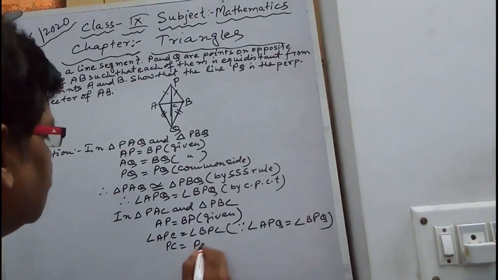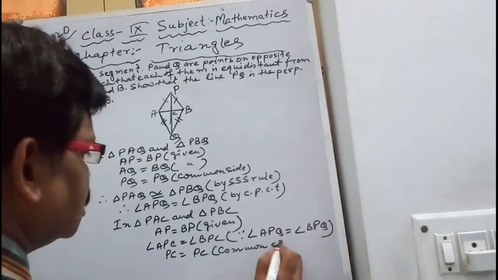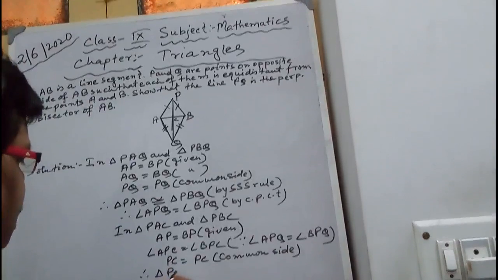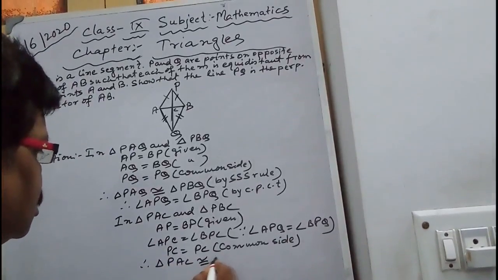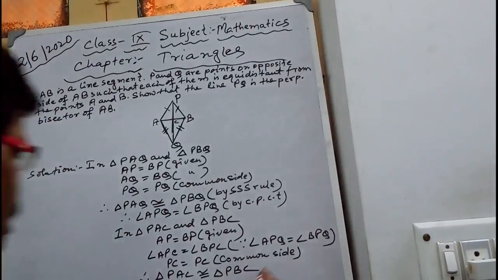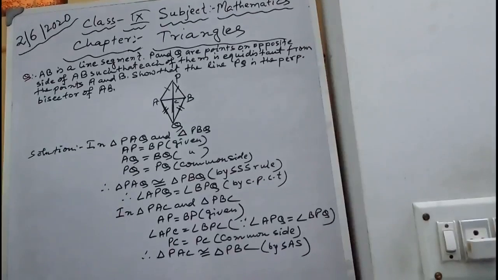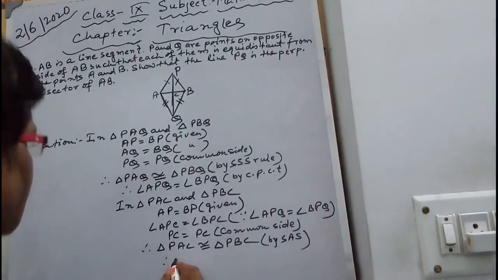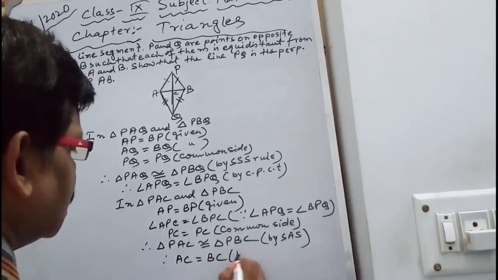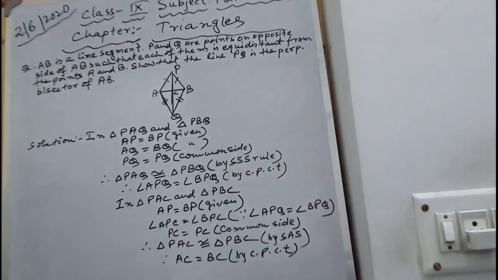PC equal to PC, that is the common side. Therefore triangle PAC is congruent to triangle PBC by SAS rule. AC equal to BC by CPCT, corresponding parts of congruent triangles.